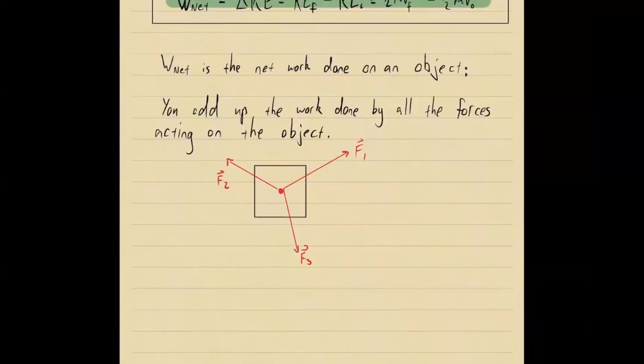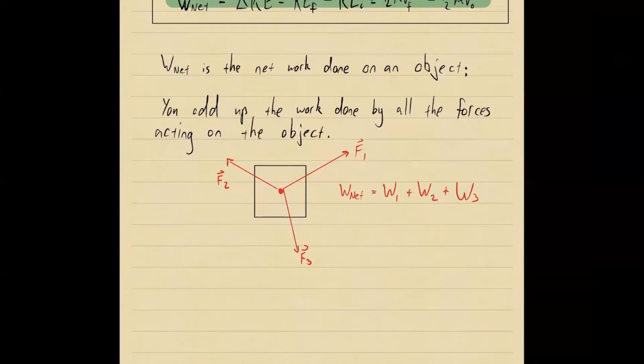Then the net work done by all the forces acting on this box is just the work done by force 1, plus the work done by force 2, plus the work done by force 3.